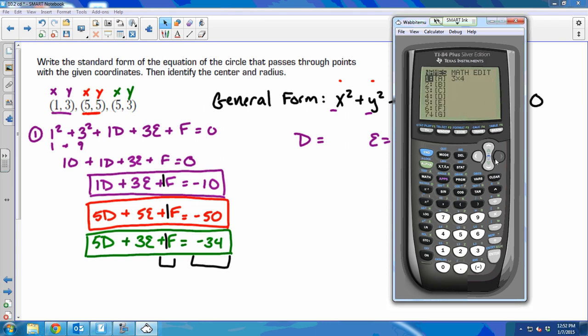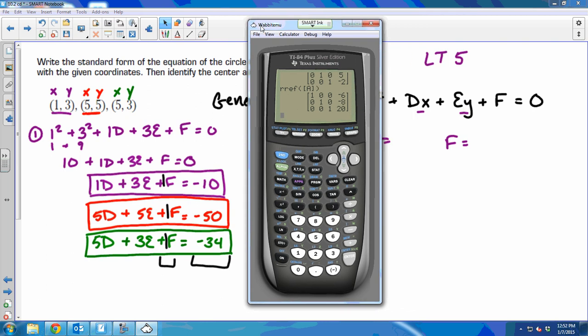And we just use reduced row echelon form. Hopefully those are the numbers you're going to get. Negative 6, negative 8, and 20 is what you should get.